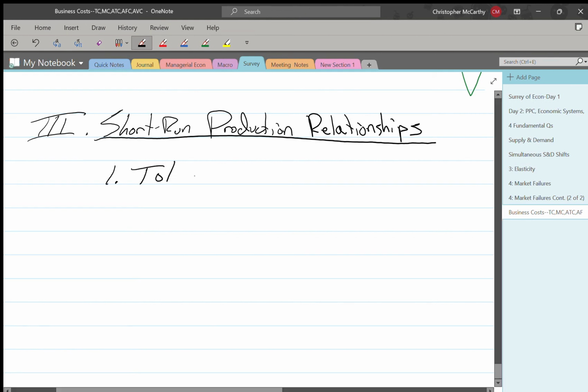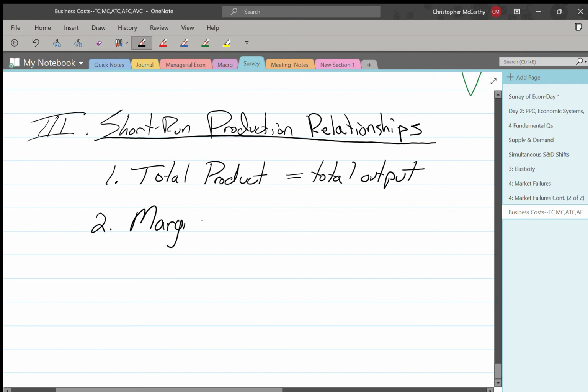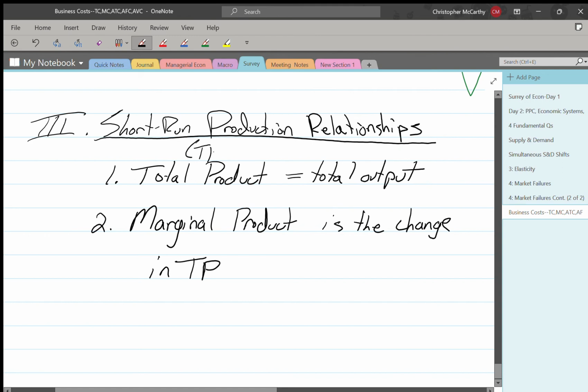Total product, right? This is the same as total output. We've got marginal product. So marginal product is the change in total product. So this is abbreviated as TP. This is abbreviated as MP.